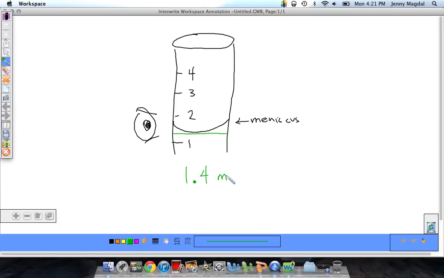I always want to write down what my unit is. I'm assuming that my graduated cylinder here is at a volume of milliliters. So this again is my one known and one unknown. We always end with whatever our unknown estimate is.